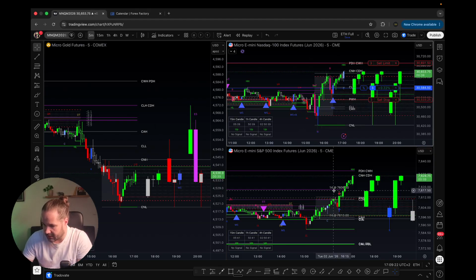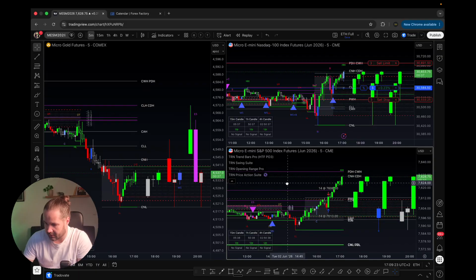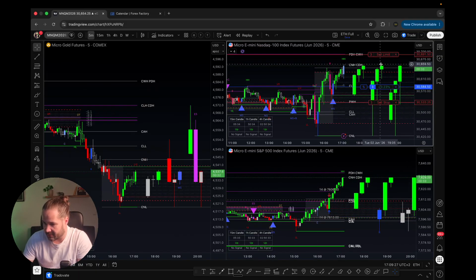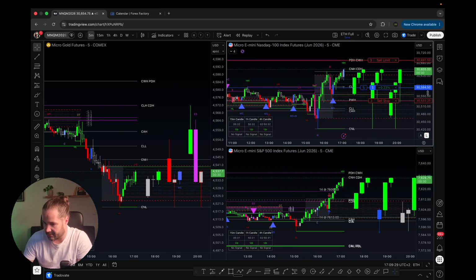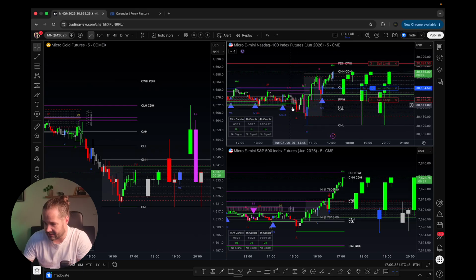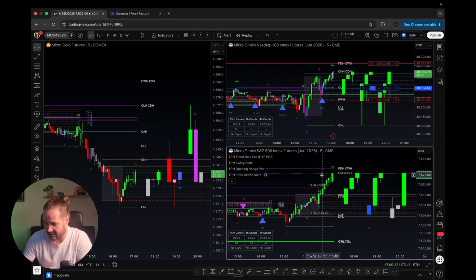So, okay. Will we stay above the opening range? Will NQ make it to stay above? It would be very important, and ES is getting closer.